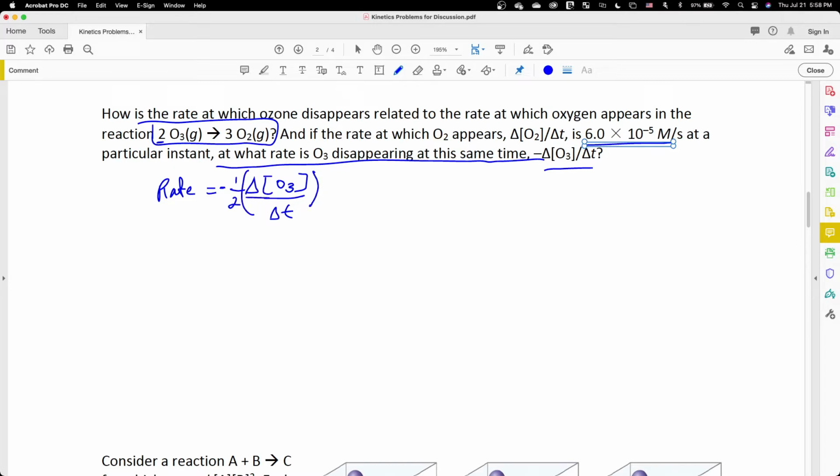And that also equals the gain of O2, so we have the change in O2 over the change in time. But again, we have a balanced chemical equation, and since it's a 3, that becomes a fraction, 1/3.